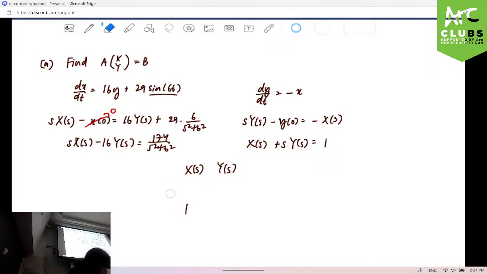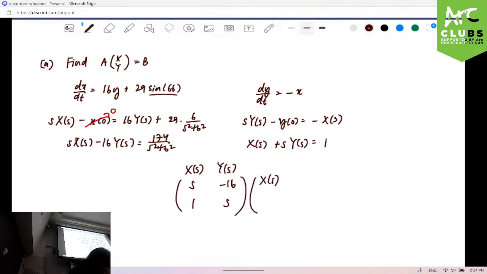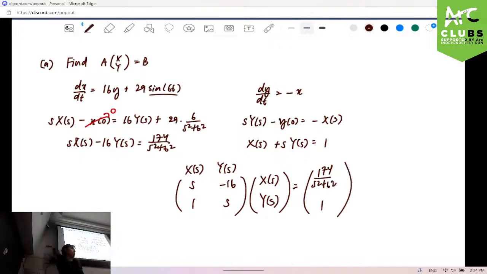Oh, sorry, it looks a bit big. Let me write it out a bit nicely. And that's how you rewrite a system of differential equations into Laplace form, and you chuck it into the matrix.